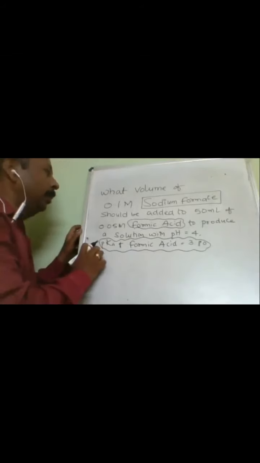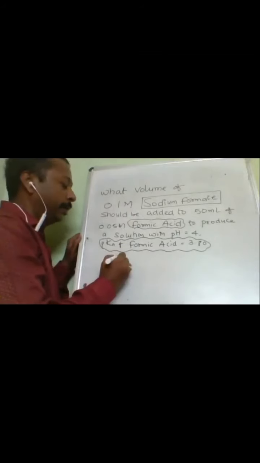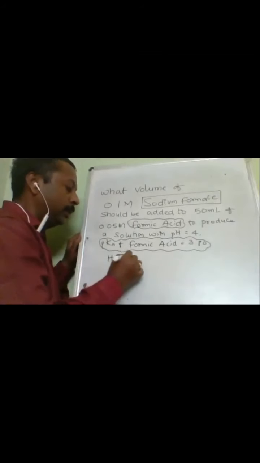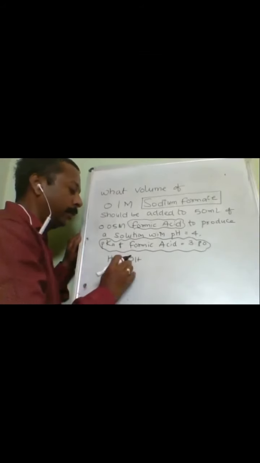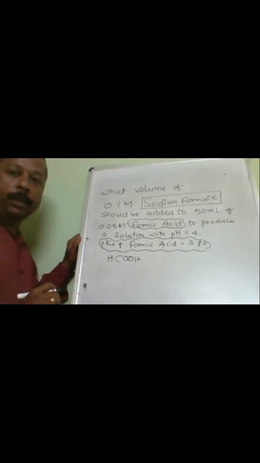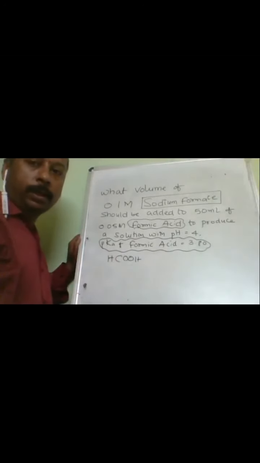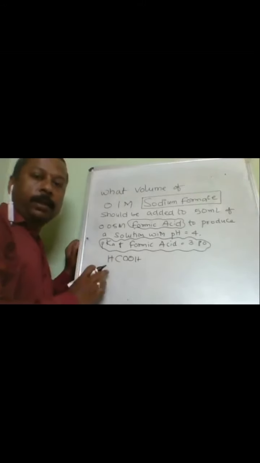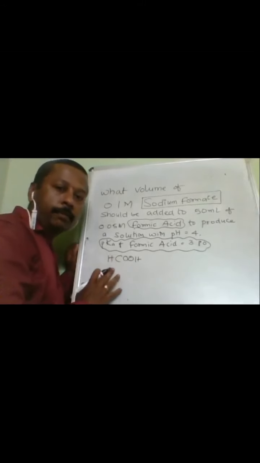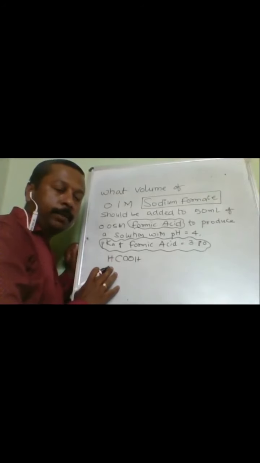Now, first, formic acid is HCOOH. Forma means one carbon atom. In organic I think everybody must be aware: forma means one carbon, aceta means two carbon, propa means three carbon, buta means four carbon.